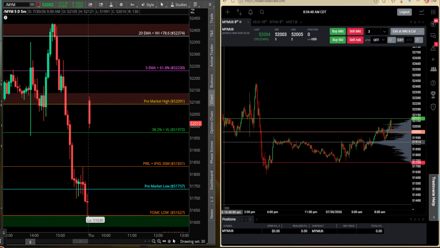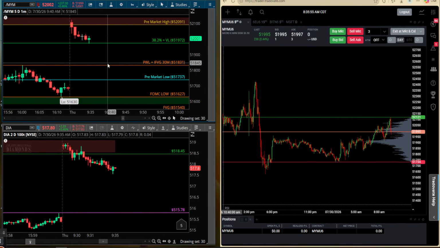DIA is below the value area low, and MYM is holding the value area low. I'm going to put both on the 1 minute time frame, MYM and DIA.